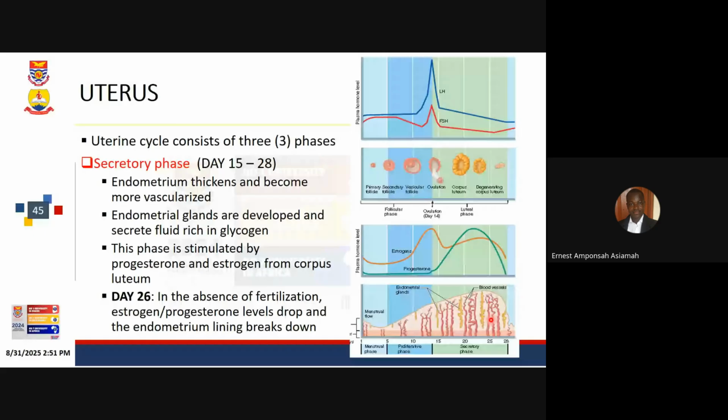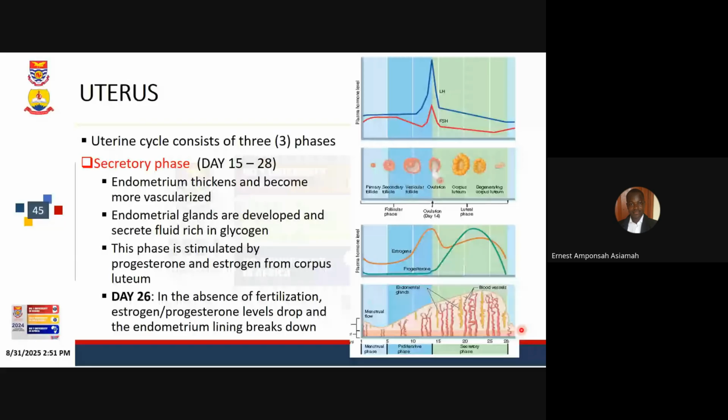The egg will be released from the ovary, and during that time, the Graafian follicle will metamorphose to corpus luteum, and the corpus luteum will be producing estrogen and progesterone, and this will stimulate the endometrium to thicken and be ready for implantation.